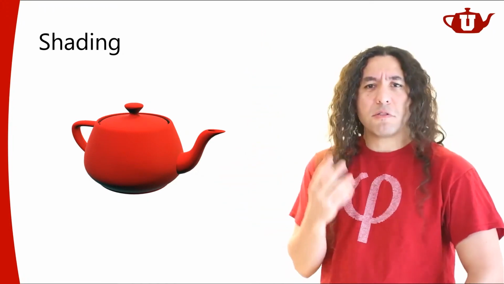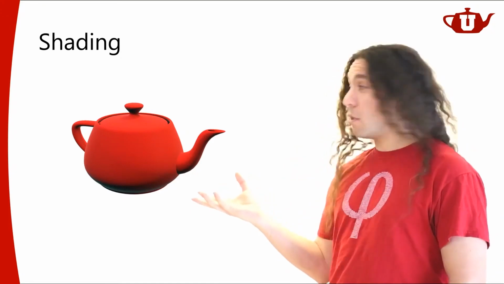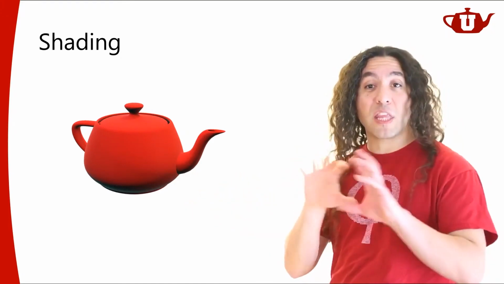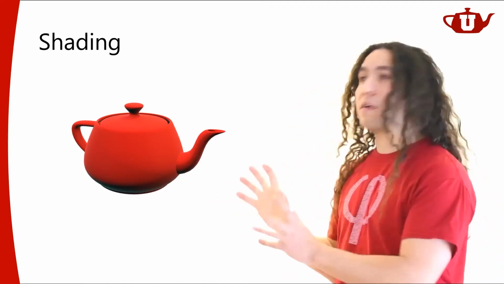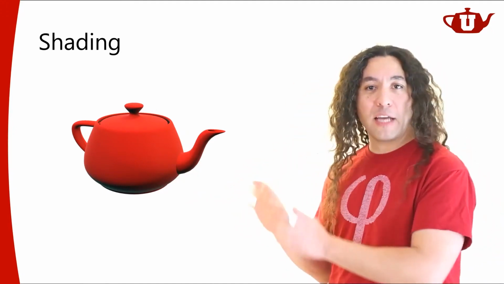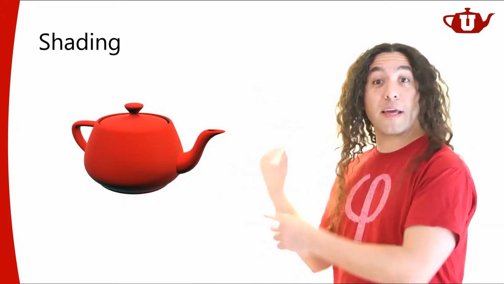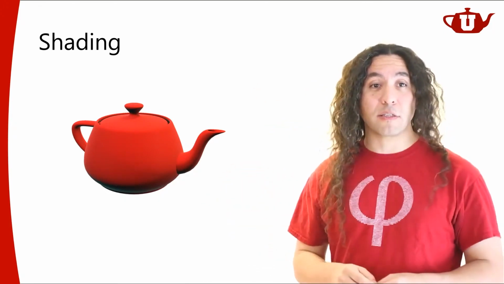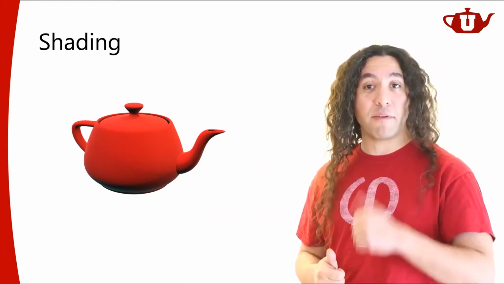Even if you don't think about this too much, you can tell by looking at this image, you can infer the 3D shape of this object because your brain is sort of wired to understand this lighting. And just from this lighting and from this, let's call it shading, you can actually tell the 3D structure. So getting this lighting and light reflectance of the objects right is very, very important.